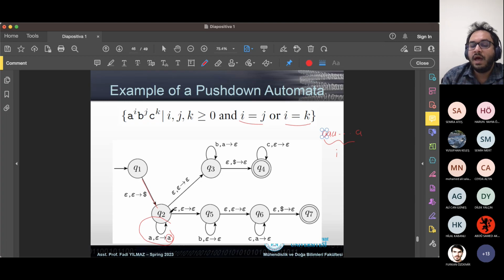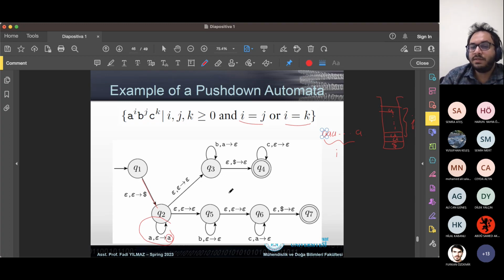After I'm done reading all of the A's, my stack has the dollar sign at the bottom and A's on top of it, and there are 5 of them.